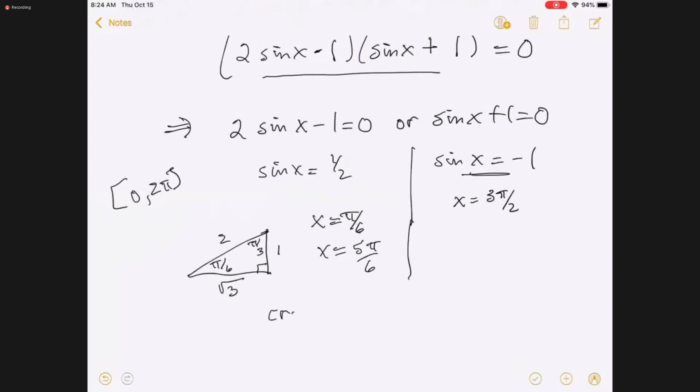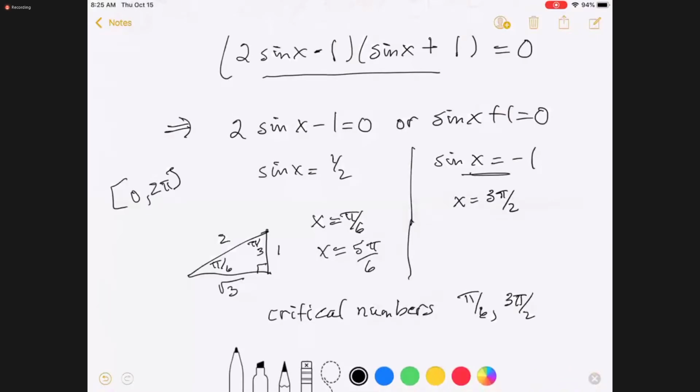So our critical numbers, let's see if I can write them in increasing order, pi over 6 and then 3 pi over 2. No, that's not right. Sorry. 5 pi over 6 would come next, and then 3 pi over 2.